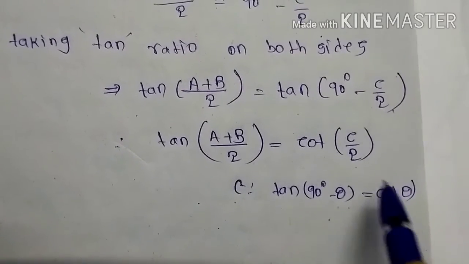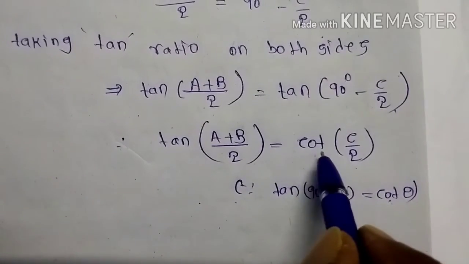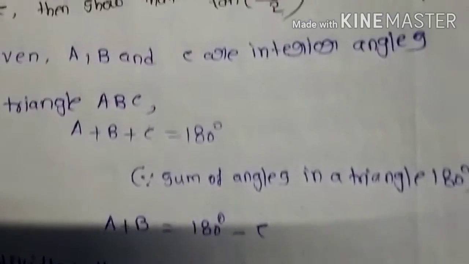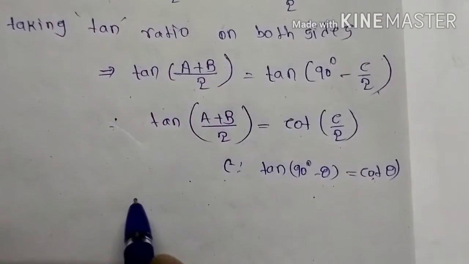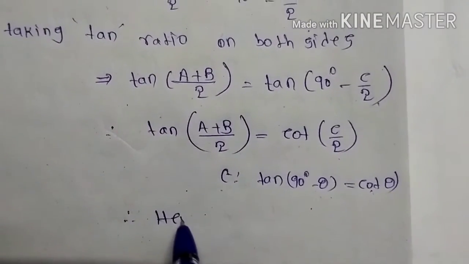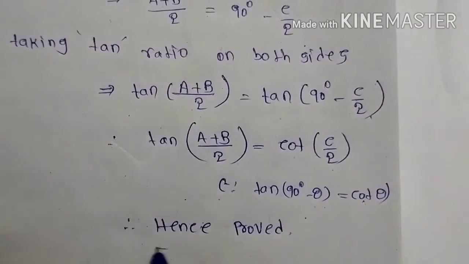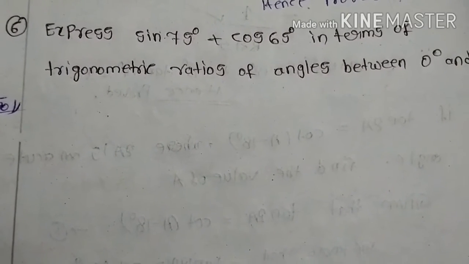Listen, using this formula only we have written tan of (90 minus C by 2) equal to cot of C by 2. In that question, tan of (A plus B) by 2 is equal to cot of C by 2. We have proved or not? Yes. So you can write it as proved. This is your solution.